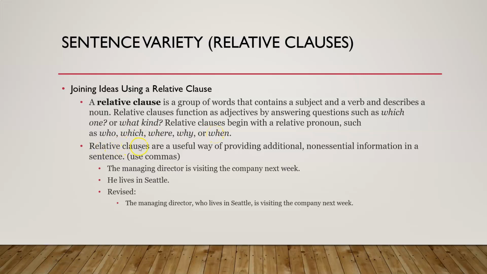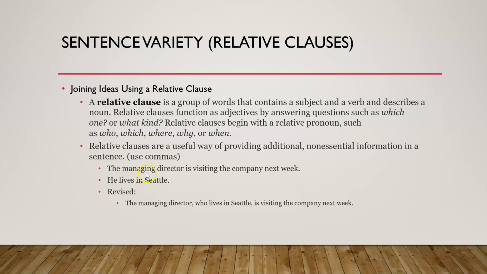Now, relative clauses are a useful way of providing non-essential information. So what that means is we could take the information out of the sentence and the sentence is still going to make sense. So when we are using relative clauses to provide non-essential information, we use commas.